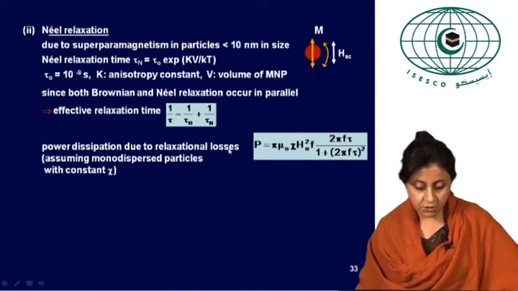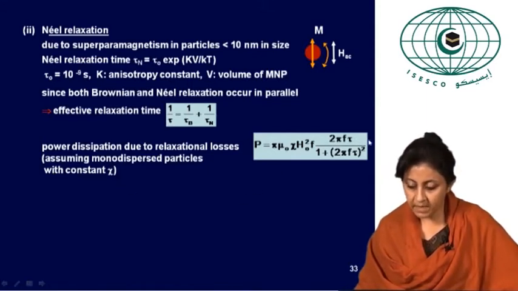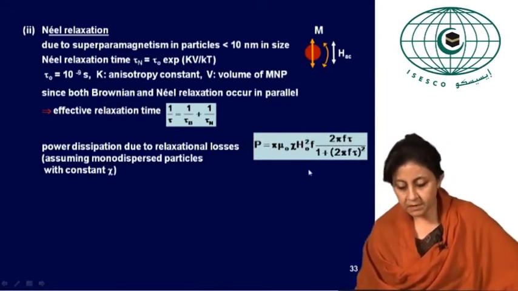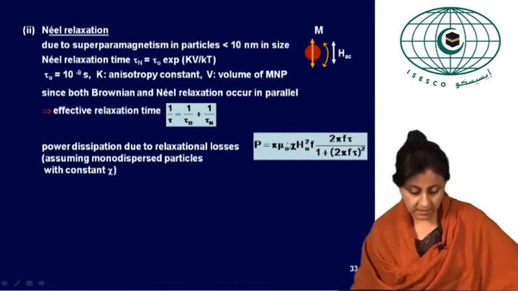The power dissipated due to relaxation processes, assuming monodispersed particles with a constant value of the susceptibility, is given by this expression here. You can see that the magnetic properties are included first in the susceptibility, and secondly in this relaxation time, because here you have the anisotropy constant and the volume. So the physical properties of the particle go in the value of tau and in the susceptibility.